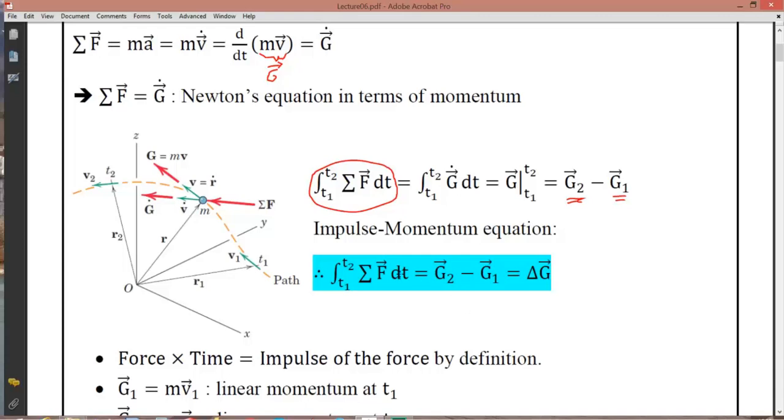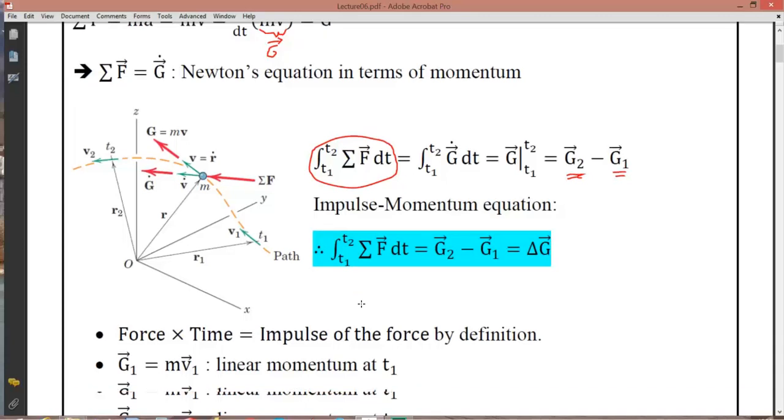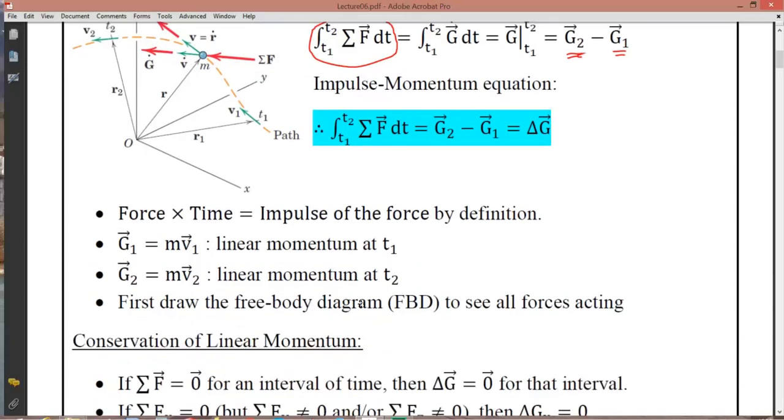Similar to that, this is a vector equation, and then we will get two independent scalar equations on plane. For a three-dimensional case, that will be three independent scalar equations. So force times time is defined as the impulse of the force.